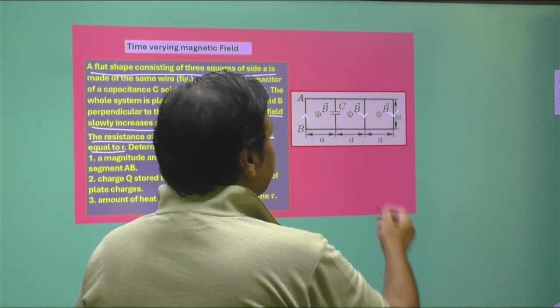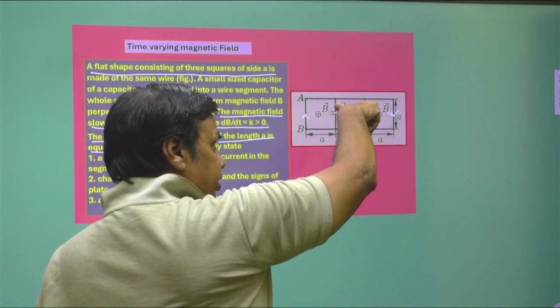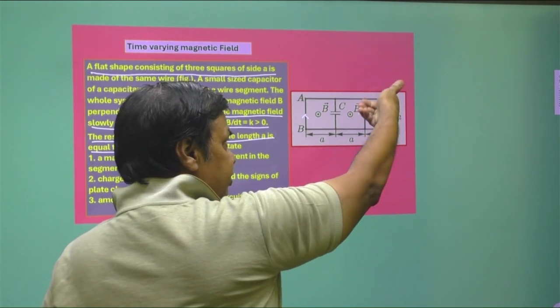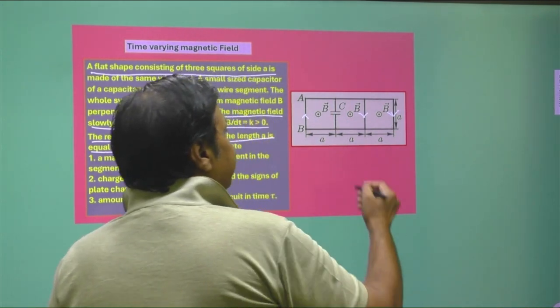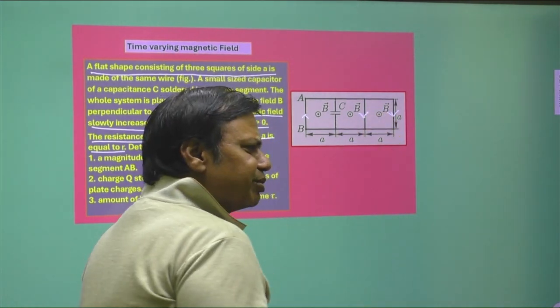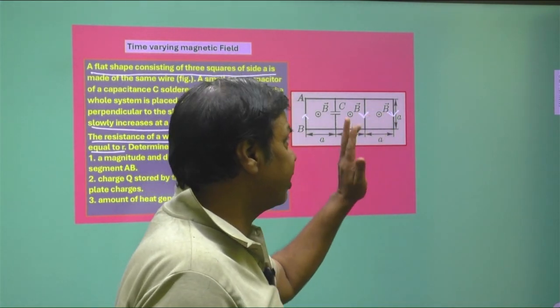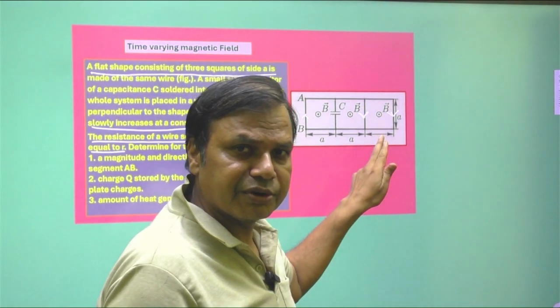But in this wire, a current will be flowing like this, and this current will flow like this. So I don't know the direction, so I just assume that this current will be in this direction. I just assumed it, because in this wire the current may flow in a direction opposite to the direction shown in the figure.